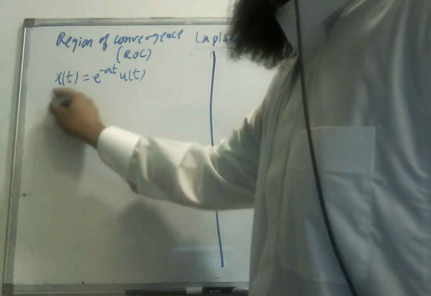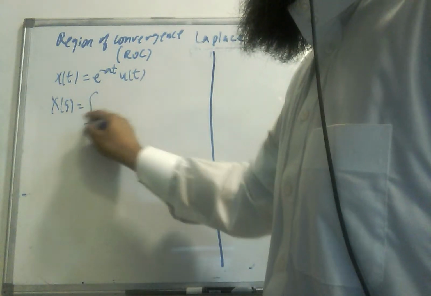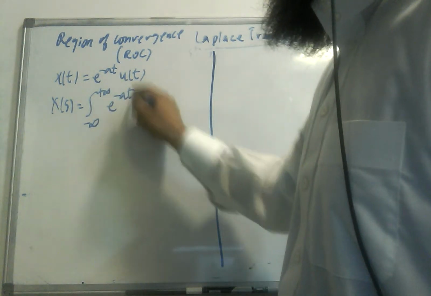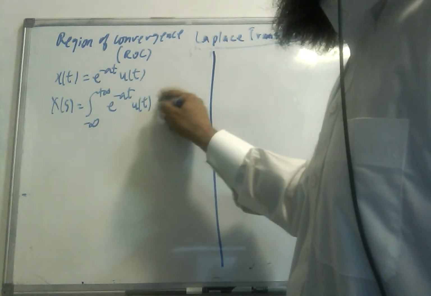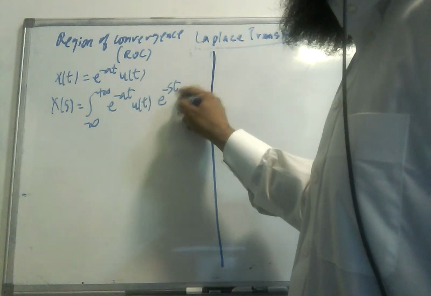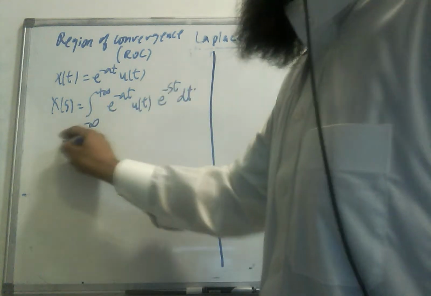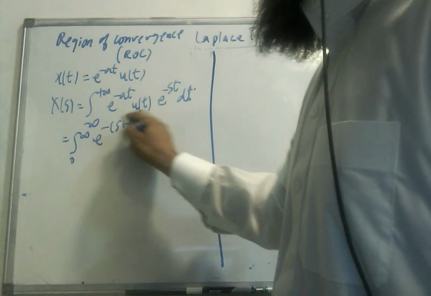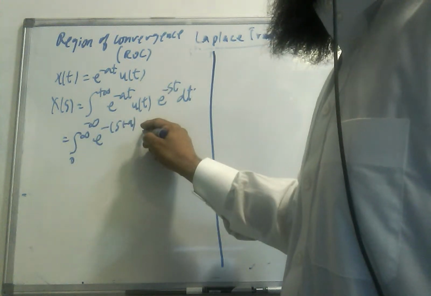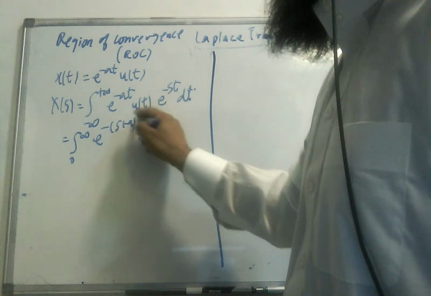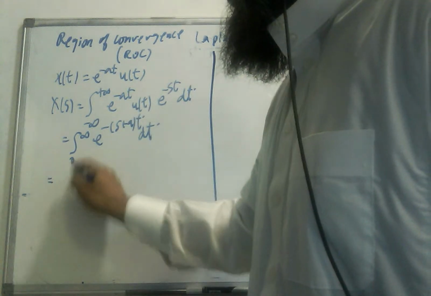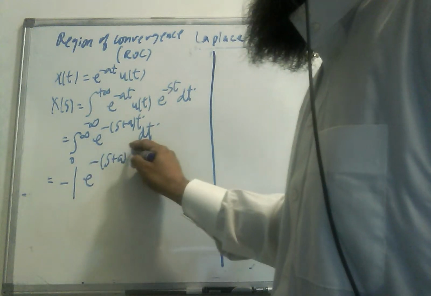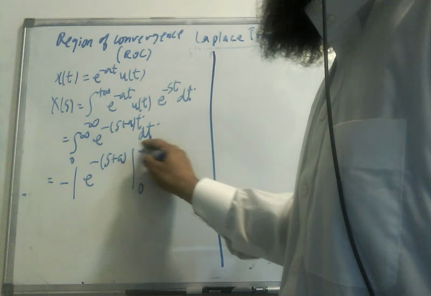I need to find the Laplace, which is the integral from minus infinity to plus infinity of e raised to minus at u of t, e raised to minus st dt, which is equal to the integral from 0 to infinity of e raised to minus s plus a t dt, and this is equal to minus 1 over s plus a, e raised to minus s plus a t from 0 to infinity.